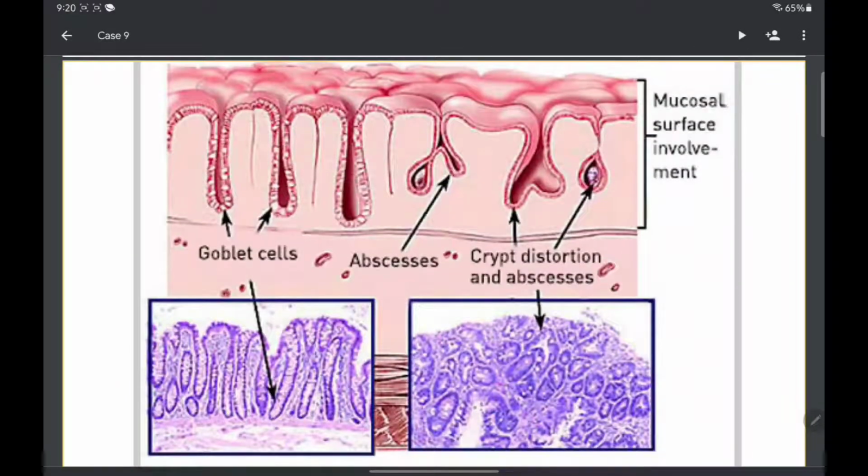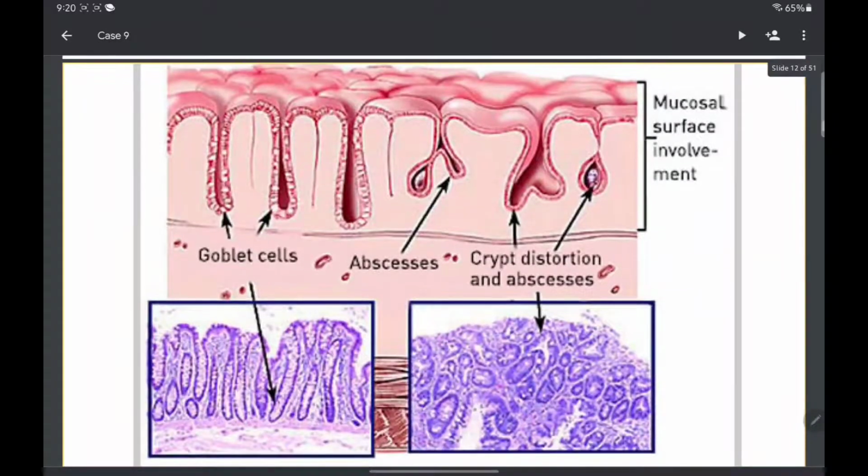Crohn's disease is also associated with metaplasia. Now, in the small intestine, we have metaplasia that resembles the gastric glands. However, in the large intestine, we can see that there is different metaplasia.